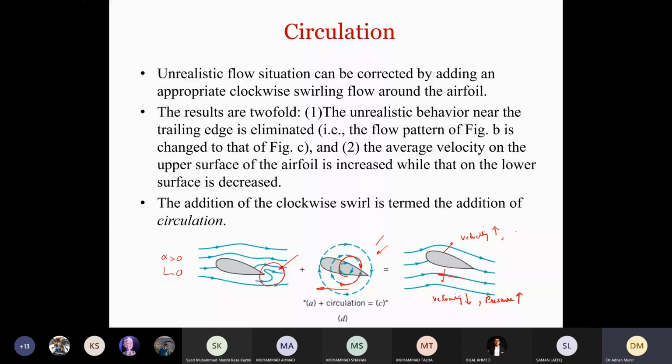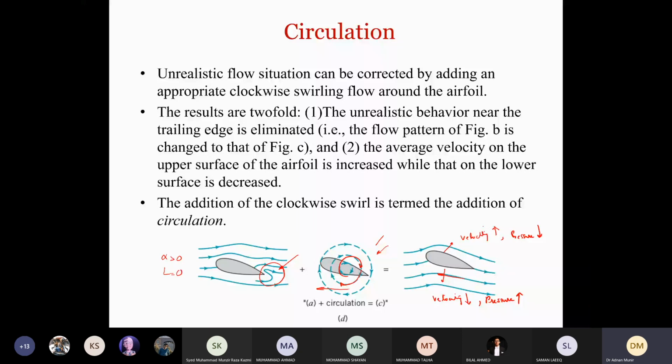When velocity increases, pressure decreases. So this is how we can have more pressure in the case of an aerofoil. The addition of the clockwise swirl is termed the addition of this circulation, right? So for now, you just remember that this is how we can add circulation to generate more pressure and as a result enhance the lift force in this case.